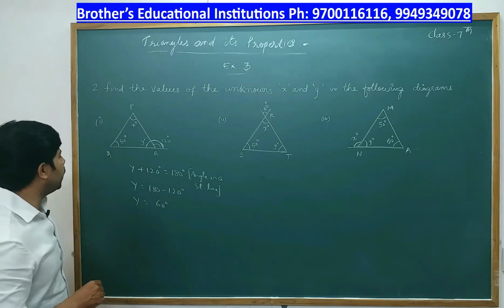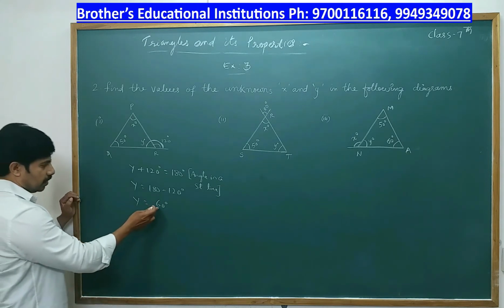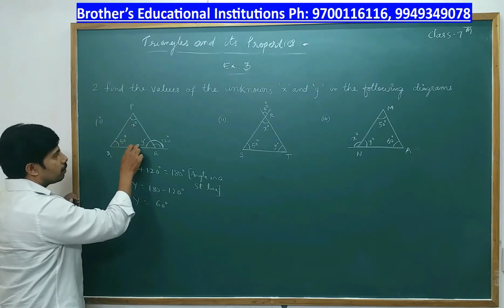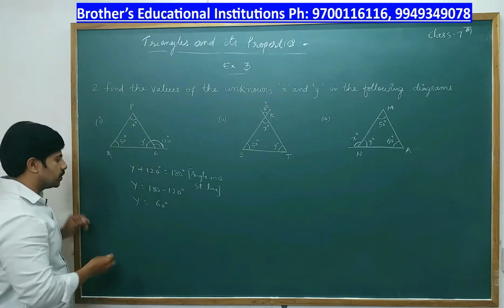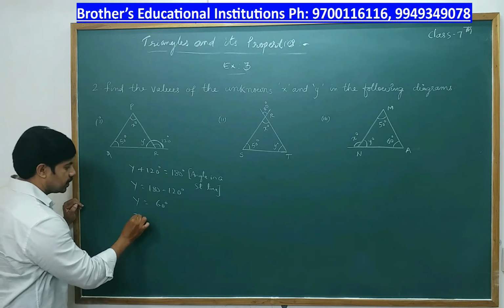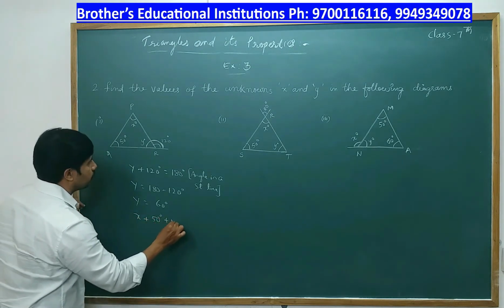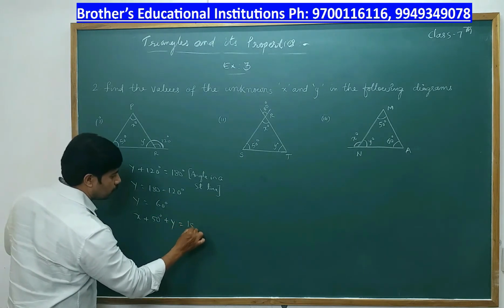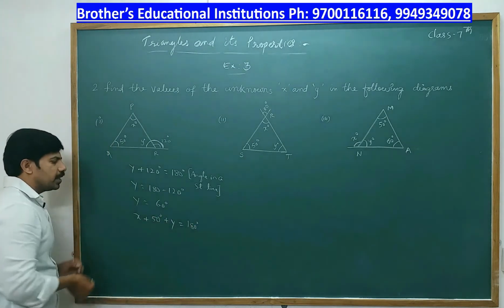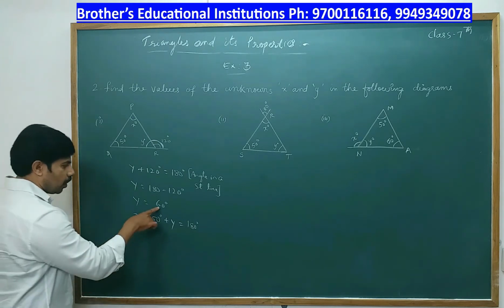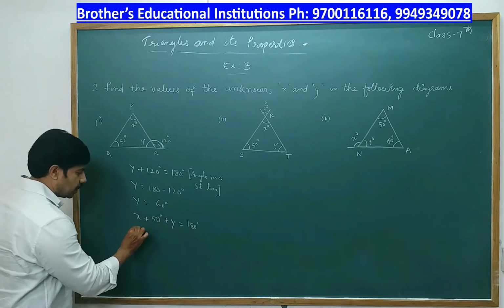Now how to find x? After getting the y value, angle sum property, that means x plus 50 plus y will be 180 degrees. So interior angles of a triangle, x plus 50 plus y is equal to 180 degrees. What is the reason? The sum of the angles in a triangle is 180 degrees. So already we know the value of y, so I will substitute that.